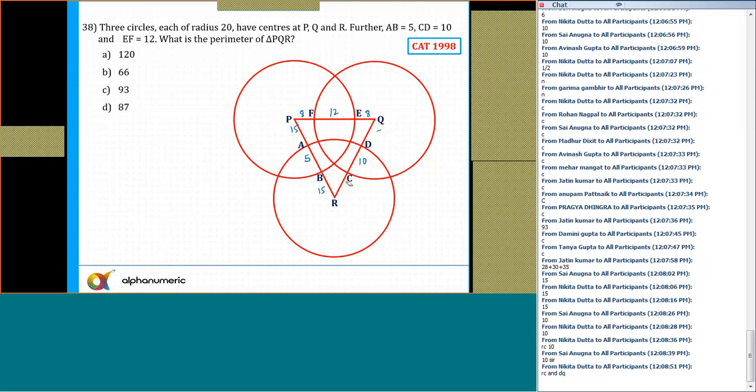RC and DQ are definitely equal to 10. Okay, so the length of PQ is equal to 12 plus 8, 20. 20 plus 8 is 28. And the length of PR is equal to 15 plus 15, 30, plus 5, 35. And the length of QR is equal to 30. Add these three, the answer will be nothing but 90.